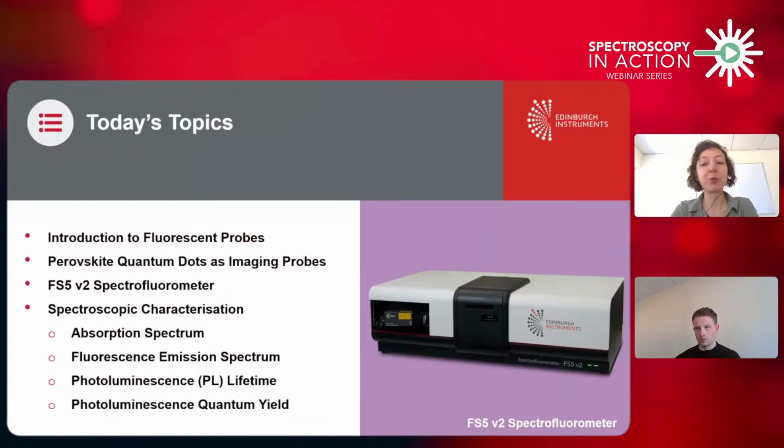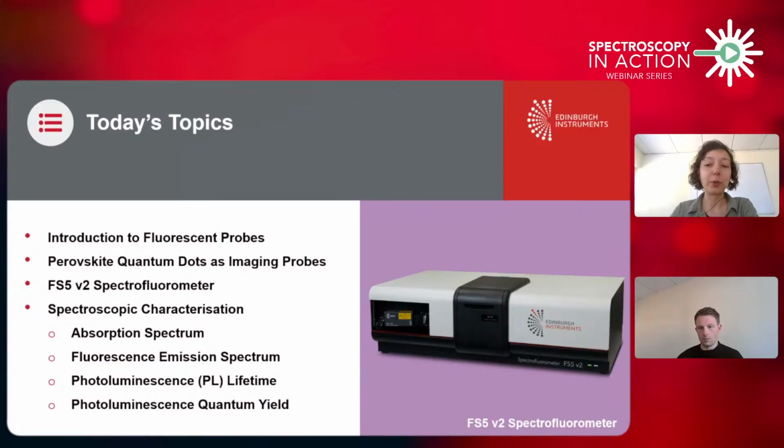This is our first webinar on photoluminescence and absorption, and it's going to be the foundation for further educational webinars. For this reason, I'm going to use this presentation to introduce the spectroscopic techniques, including absorption, emission spectra, lifetime, and quantum yield. These techniques are used in a very wide range of applications, but today we're going to focus on a particular one as an example.